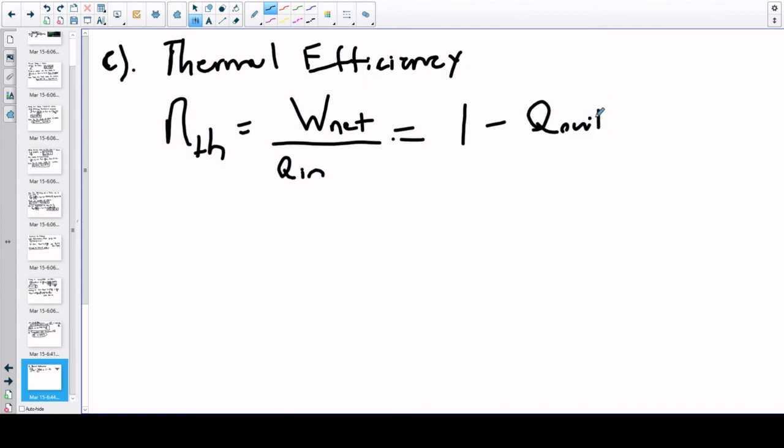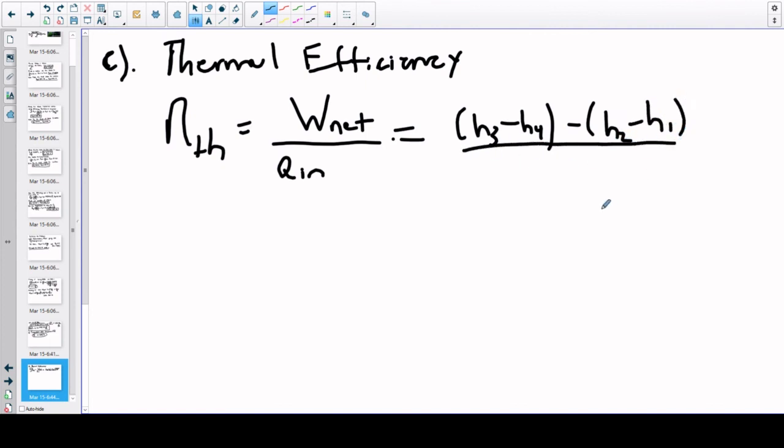Or you could do it a different way. I wrote this one just to talk about it: 1 minus Q out over Qn, which is equal to 1 minus, I think, H4 minus something like that is Q out. I can't remember the equation, but basically there's two ways to do this part. This way is the way I did it, which is work net over Qn.